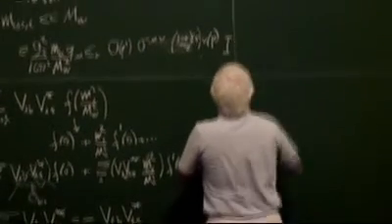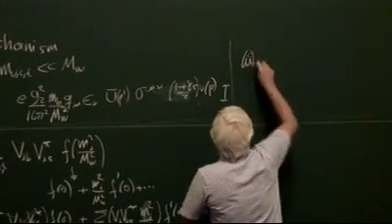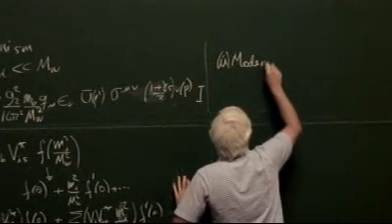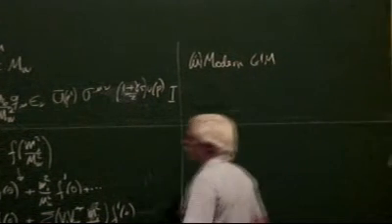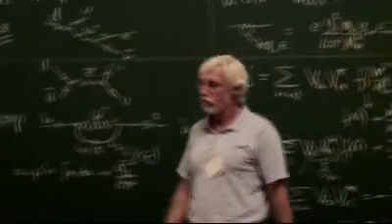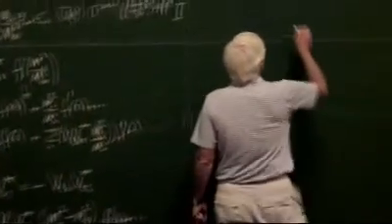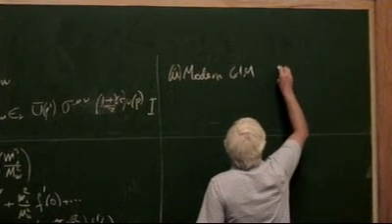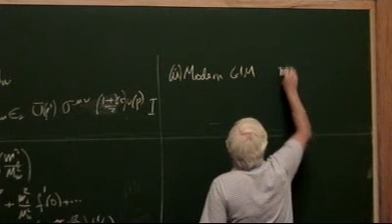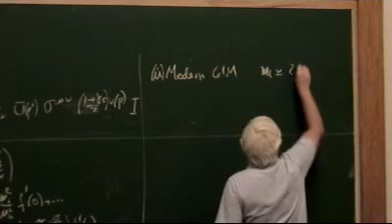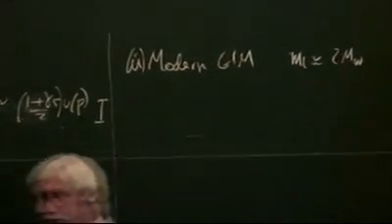So the modern version of this, well, you notice that in the modern version, I'm going to take M_t to not be small. In fact, I'm going to take M_t to be about 2 M_W, meaning it's the same order. Meaning I shouldn't do this expansion in a Taylor series because it's just not going to work.